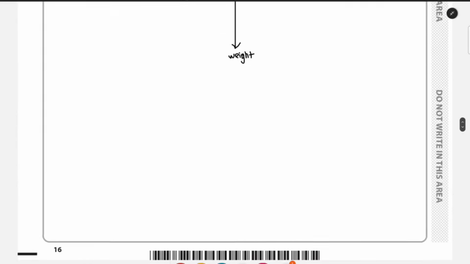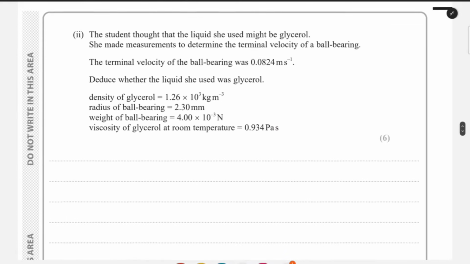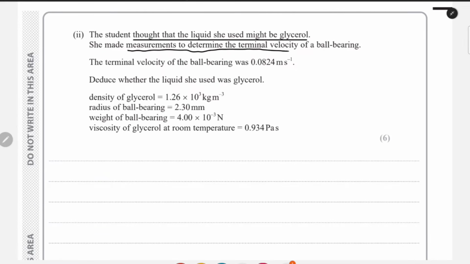Now in part B2, we are given that the student thought that the liquid she used might be glycerol. She made measurements to determine the terminal velocity of a ball bearing, which came out to be 0.0824 meter per second. We have to find whether this was glycerol.